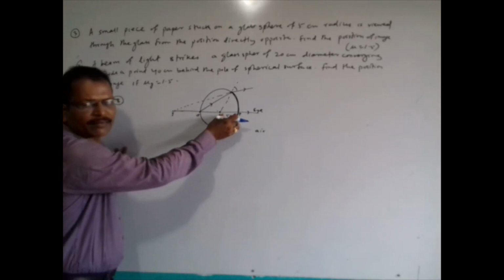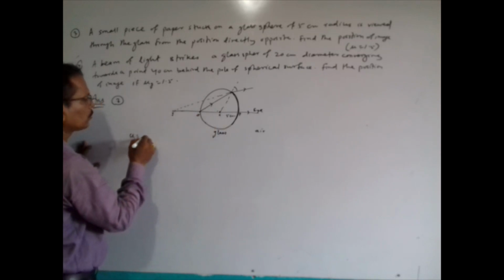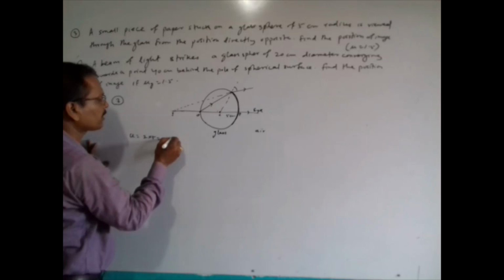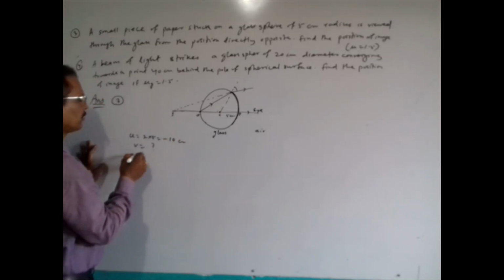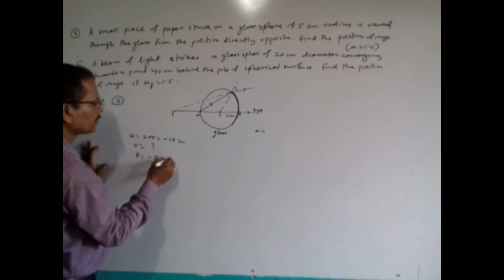Since the radius is 5, u is equal to 2 into 5, directly opposite, that is minus 10 cm. R is taken as minus 5 cm.